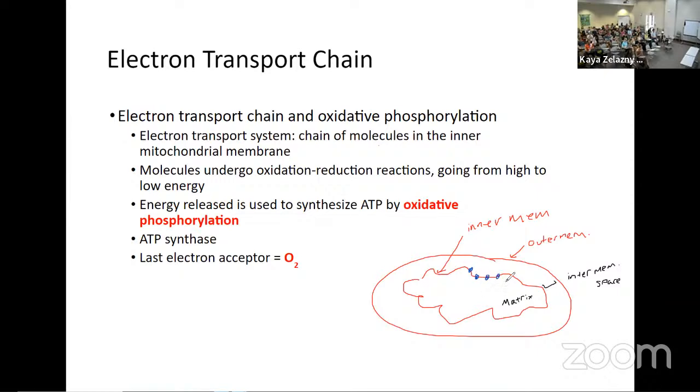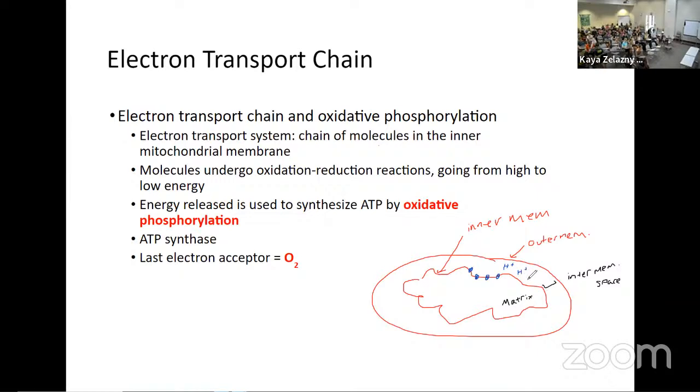We're passing these electrons down the chain and we're going from high energy to low energy. And as we do that, we end up using that energy to create a buildup of hydrogen ions here in the intermembrane space.